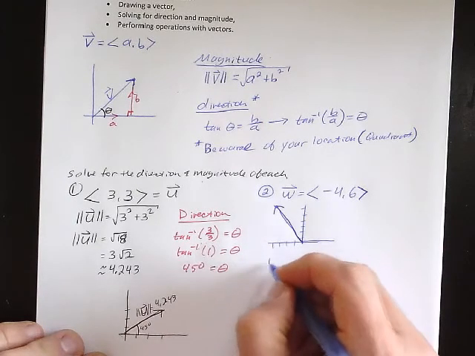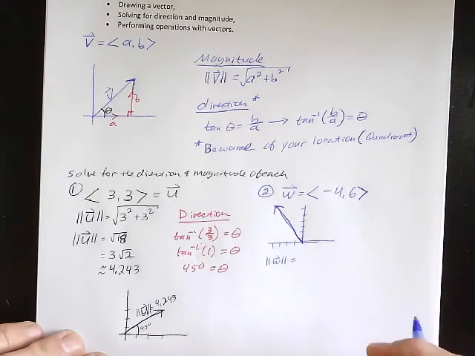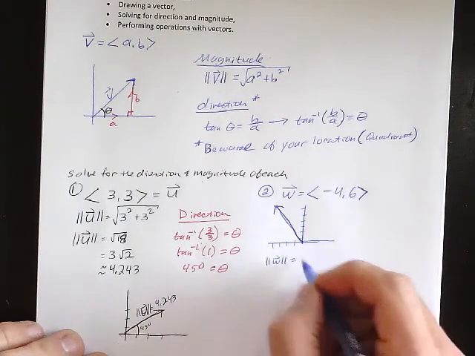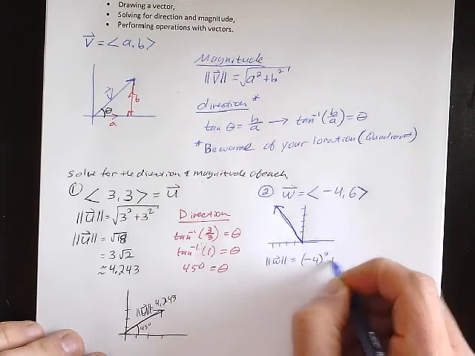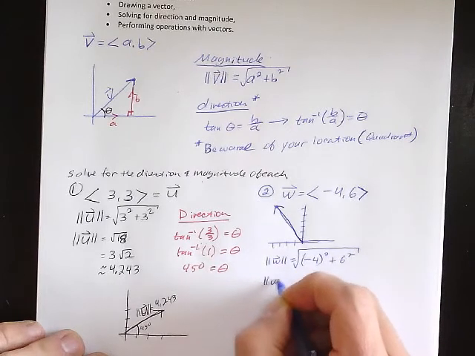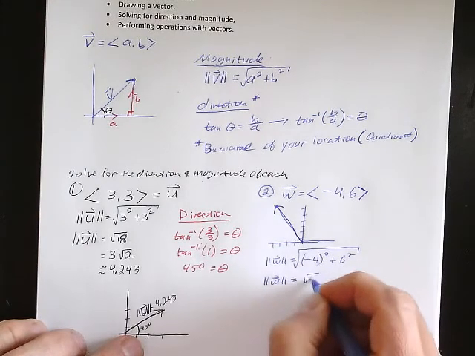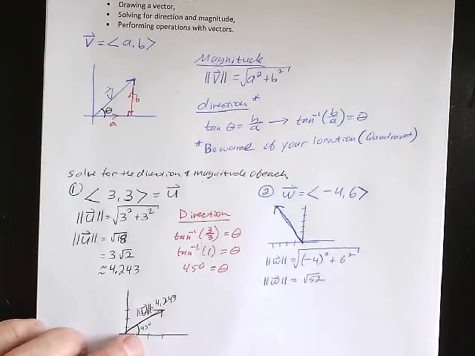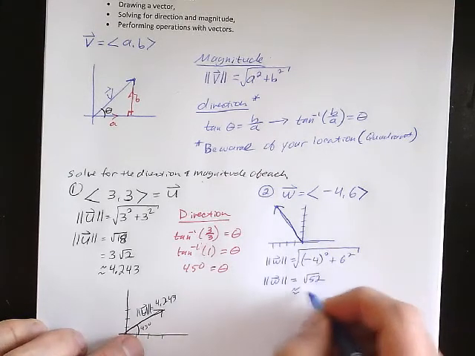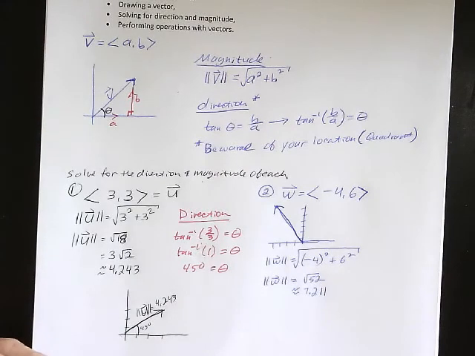Okay, so when we're measuring vector w, the magnitude for w doesn't change in any way, shape, or form. So this would be the square root of -4 squared plus 6 squared. The magnitude of w would be the square root of 52, which is about 7.211. So that's the magnitude of w.